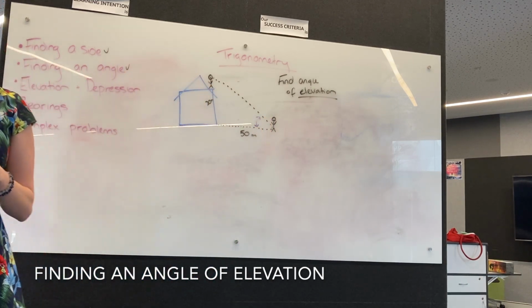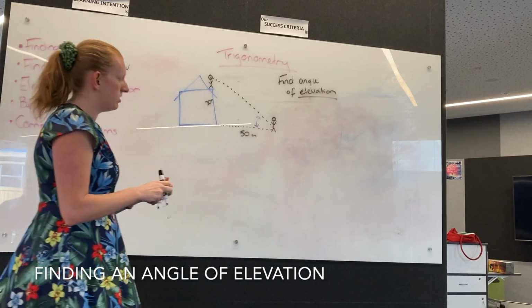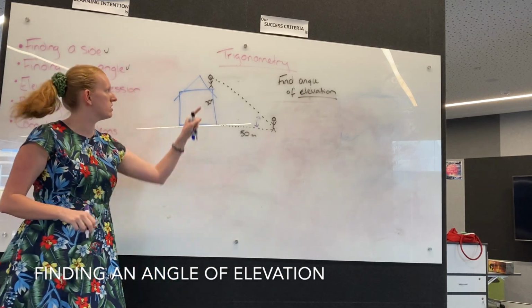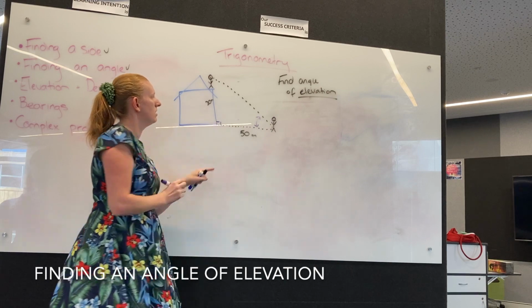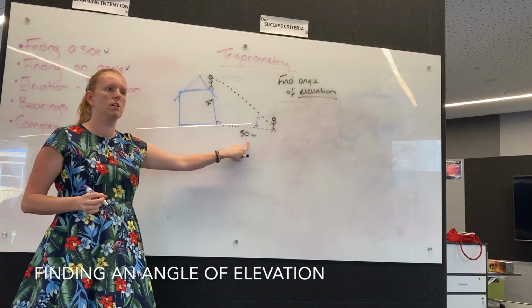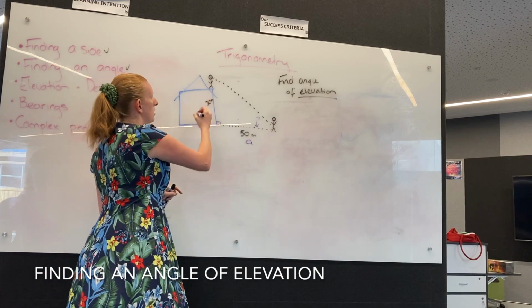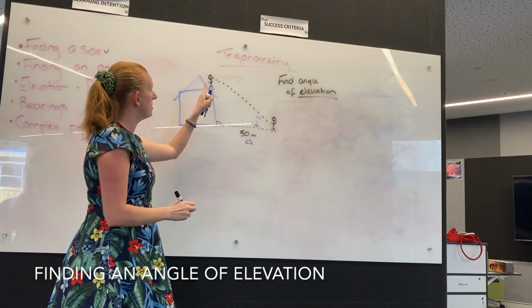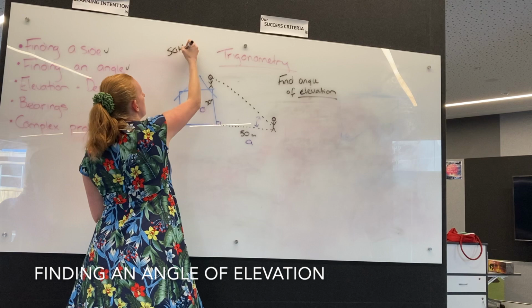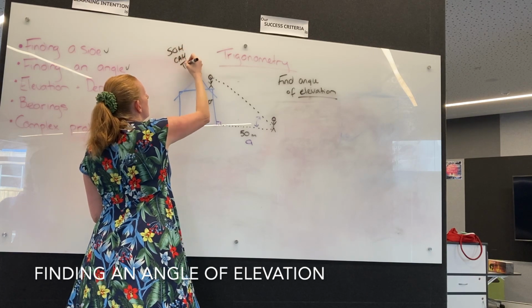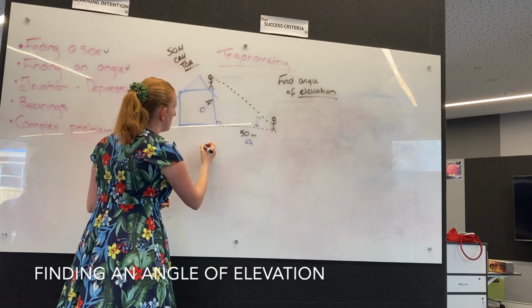Inverse. Great. But first up, I need to name my sides because this forms a right-angled triangle. What side is this? And what side is this? Great. So what am I using? Soh, Cah, or Toa? Toa. Great, I'm using Toa, so I'm using tan.